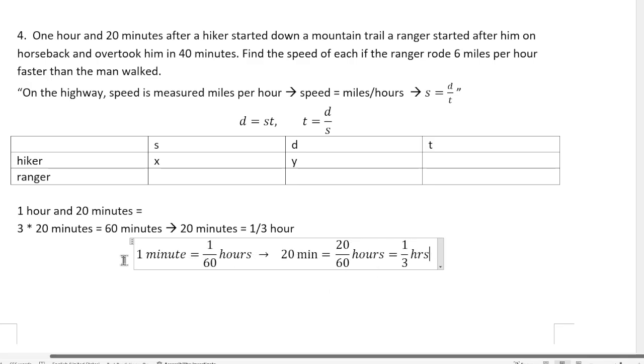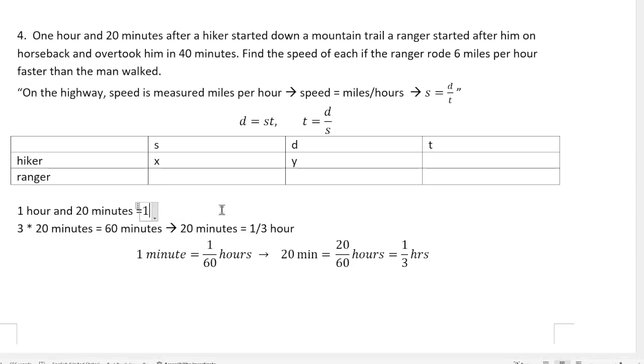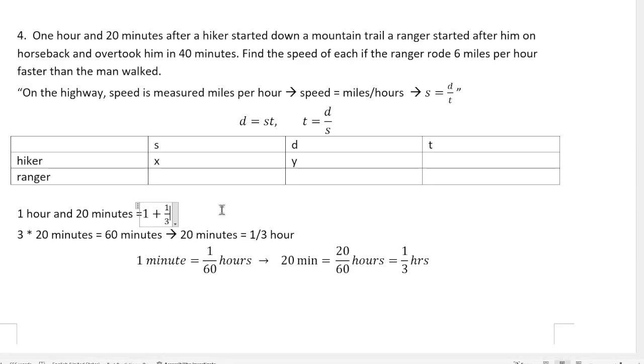Okay, so once you are okay with converting 20 minutes into 1/3 of an hour, now you can say that 1 hour and 20 minutes is 1 hour and 1/3 hours, right?